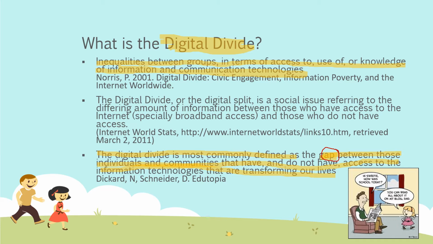Because of that, some people became aware that there is a digital divide, between those who can use technologies to get information and those who cannot. So it changed the world. It changed a lot.